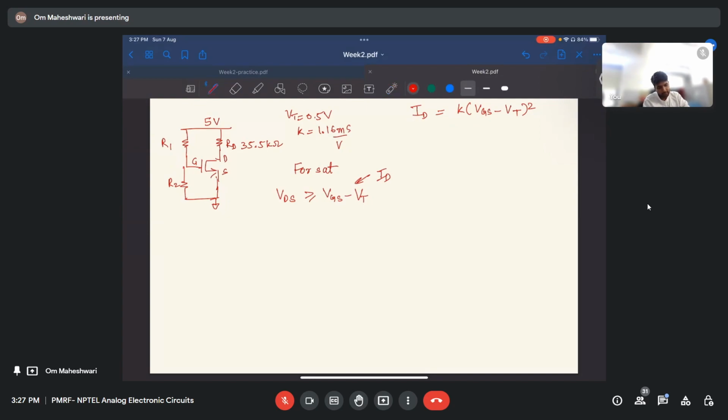So VGS minus VT equals the square root of ID by K, right? So let us substitute this value here.